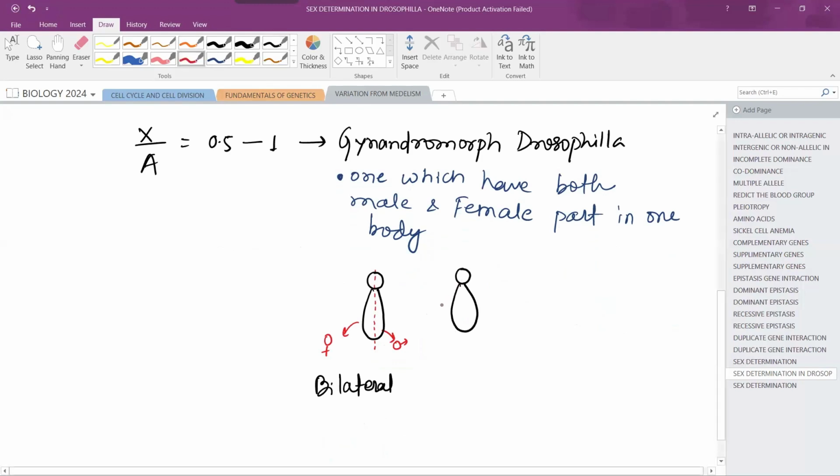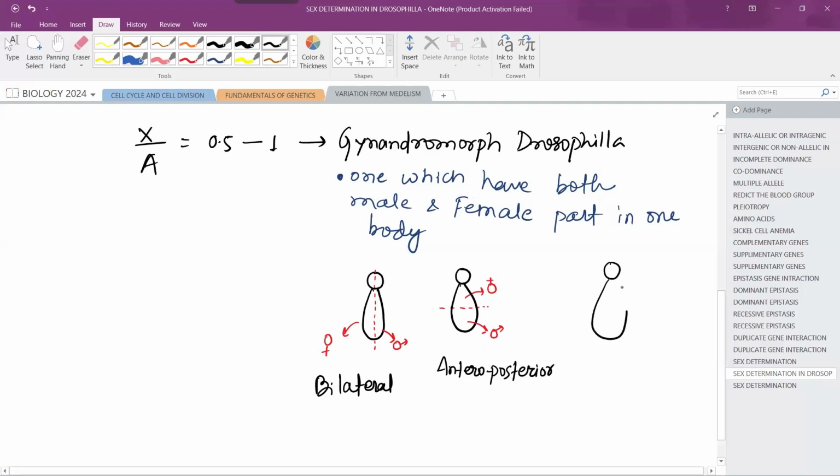And some Drosophila have this is female or a male, and this is male or female. That is, this one is anteroposterior gynandromorph.